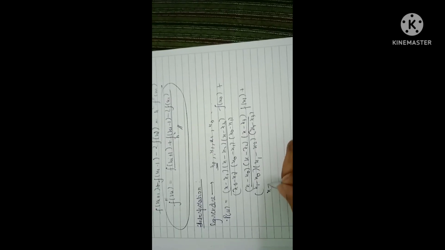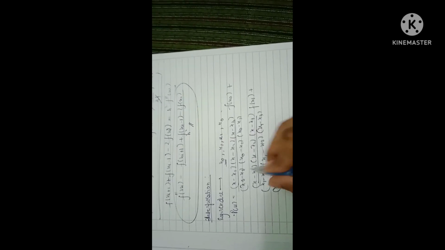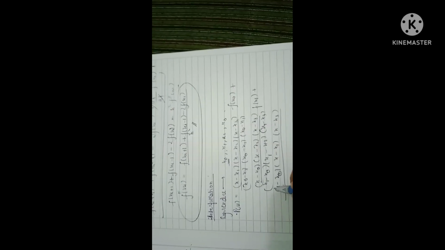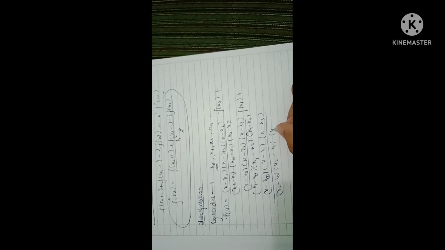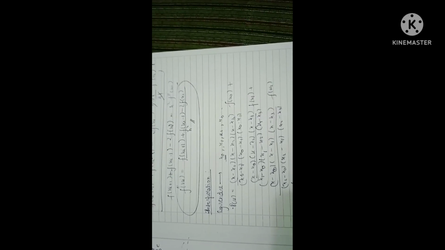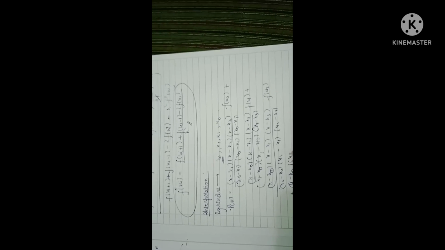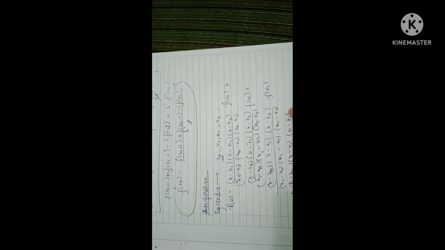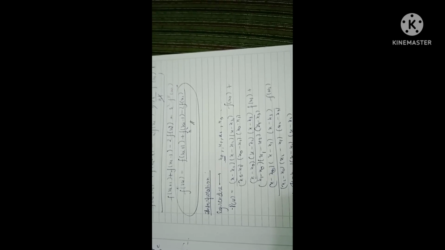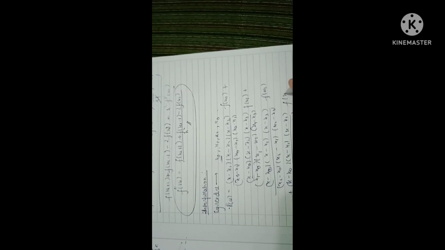Now x minus x0, x minus x1, x minus x3, and replace x with x2: x2 minus x0, x2 minus x1, x2 minus x3, and here write f of x2. And for the last, x minus x0, x minus x1, x minus x2 upon x3 minus x0, x3 minus x1, x3 minus x2, and here we write f of x3. Simple, and so on.